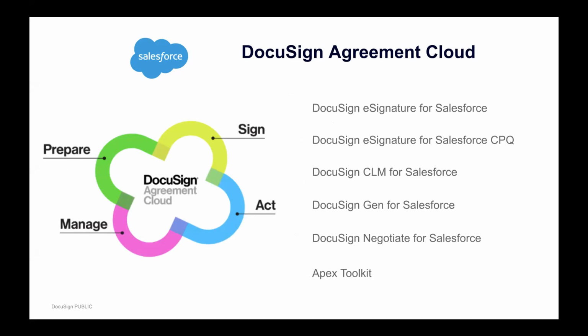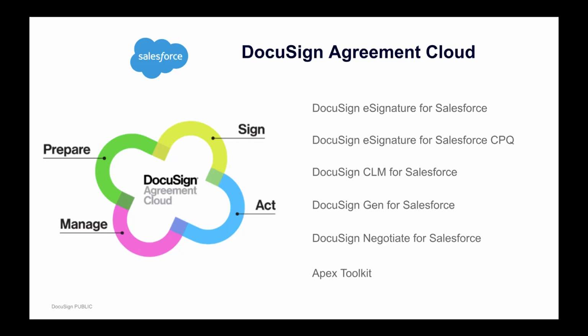Sign the documents. Act allows customers to define business rules so that when the counterparty has signed the documents, further steps can be taken without manual intervention. And finally, manage. Our customers are generating thousands, sometimes even millions of signed documents. Being able to search through them, classify them, and store them in the appropriate storage systems brings great benefit to our customers.